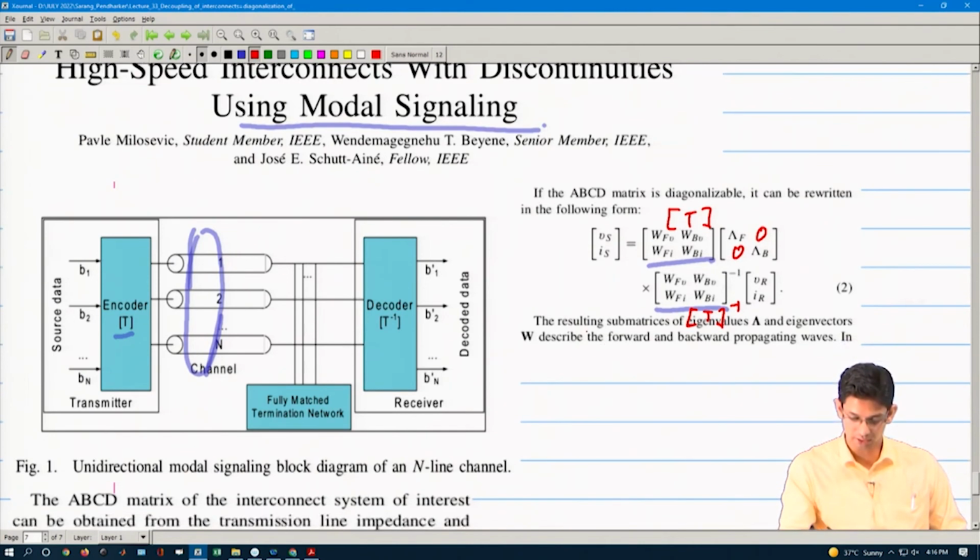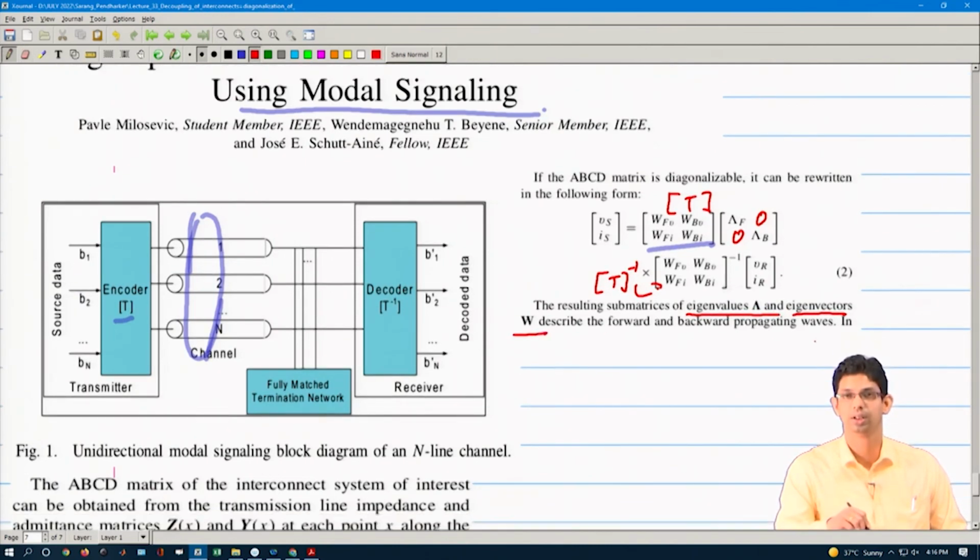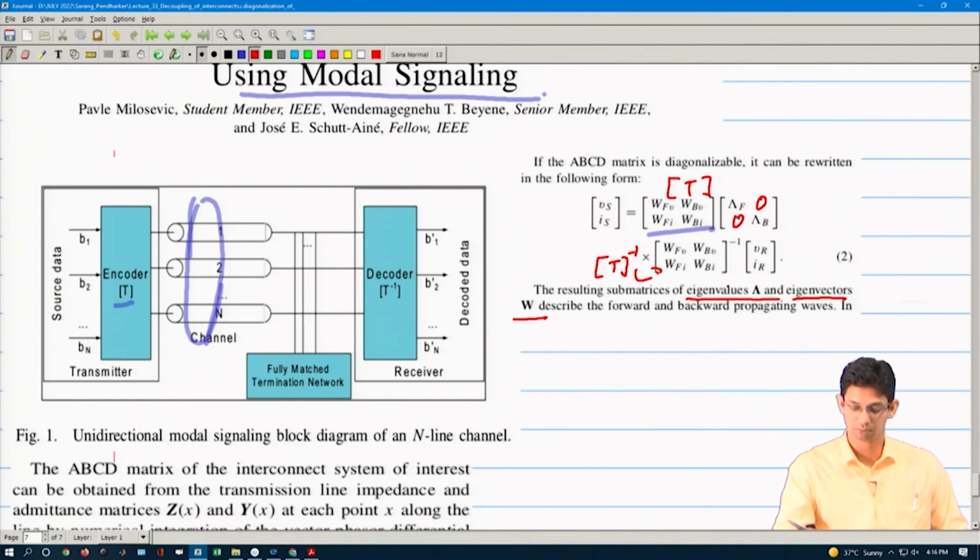Here you can see the statement: resulting submatrices of eigenvalues lambda and eigenvectors W describe the forward and backward propagating waves. So, after going through this lecture, it will be clear why the eigenvalues and eigenvectors are coming in this.